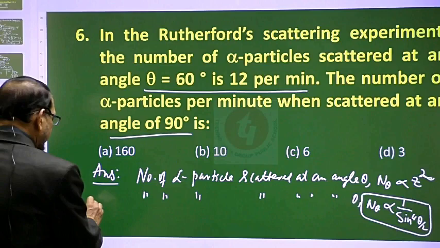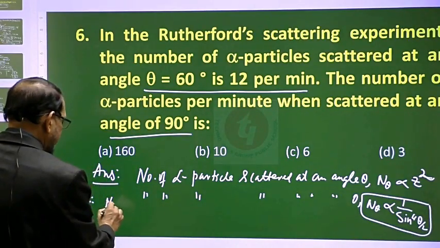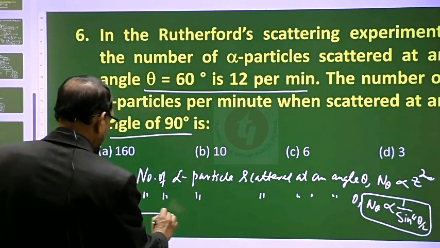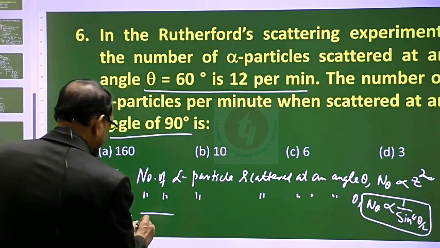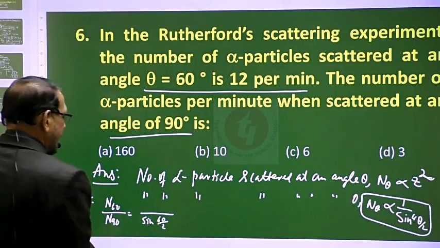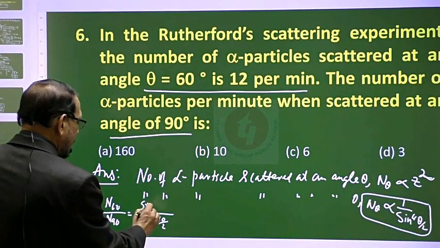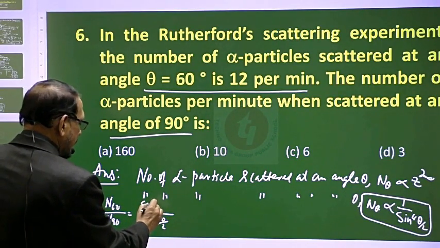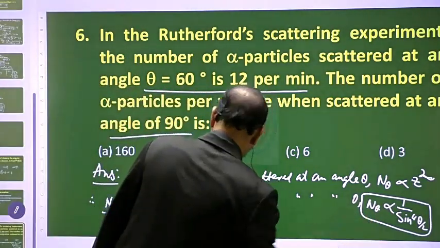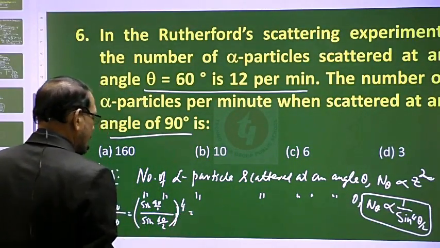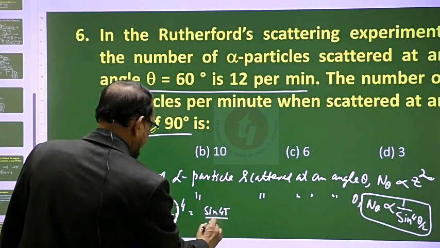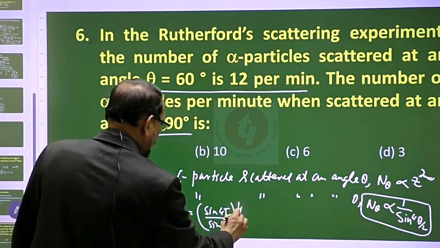Now N60 by N90 is inversely proportional. N60 will be proportional to 1 by sine to the power 4 of 60 by 2, and N90 to 1 by sine to the power 4 of 90 by 2, that is 45. So it is sine 45 and sine 30, whole to the power 4.